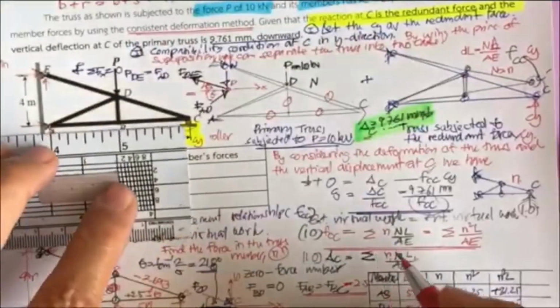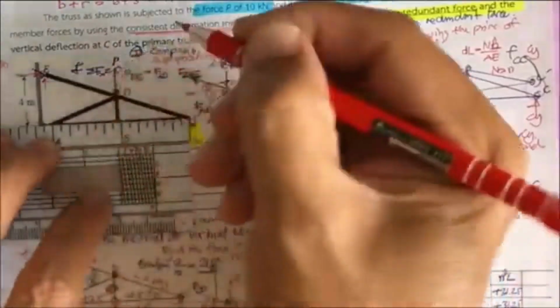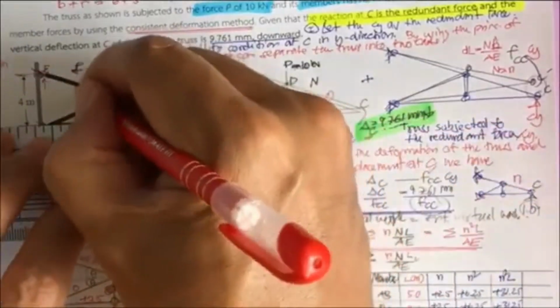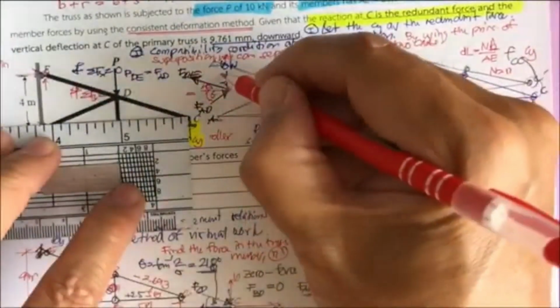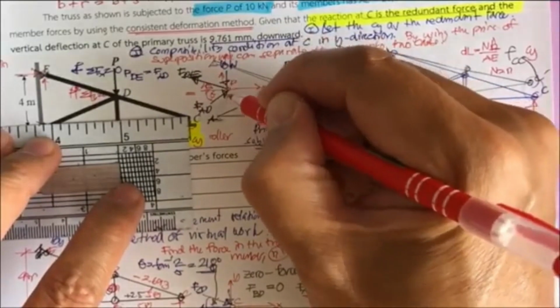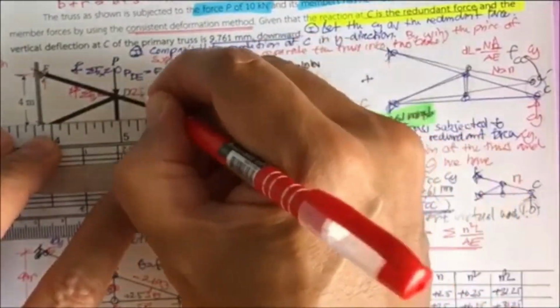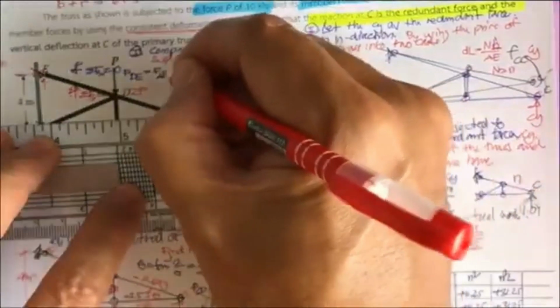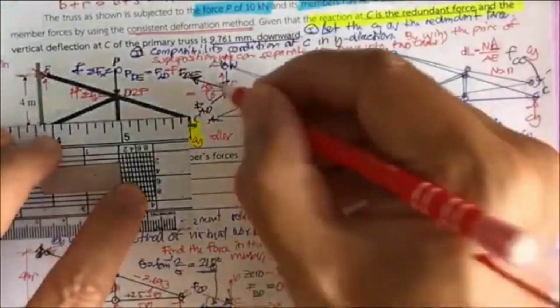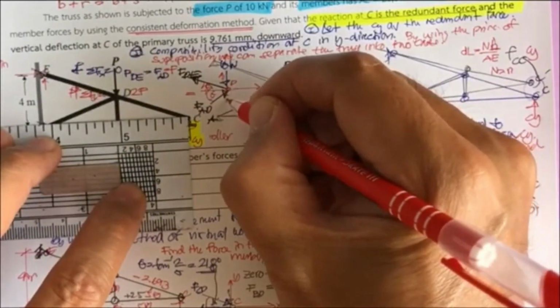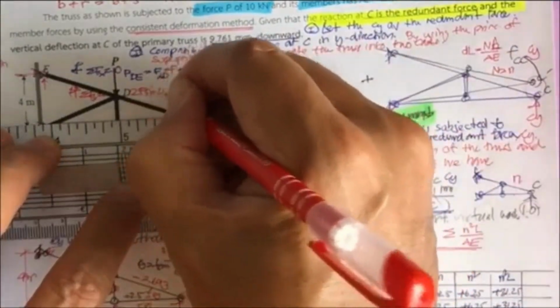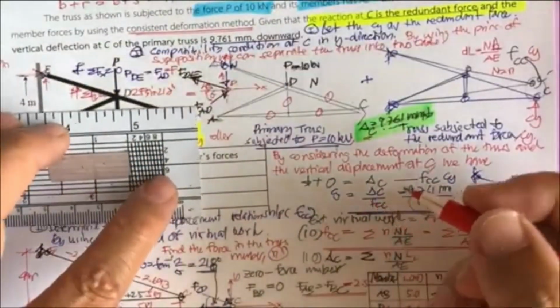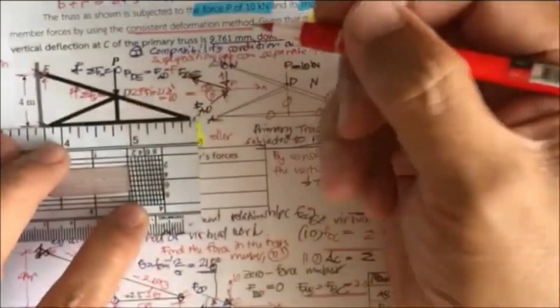And you may do the summation of f sub y equal to 0. This time up is the plus, so this one is up and this one is up. So F and F, up and up, times sine 21.8 degree, is going to equal 10.